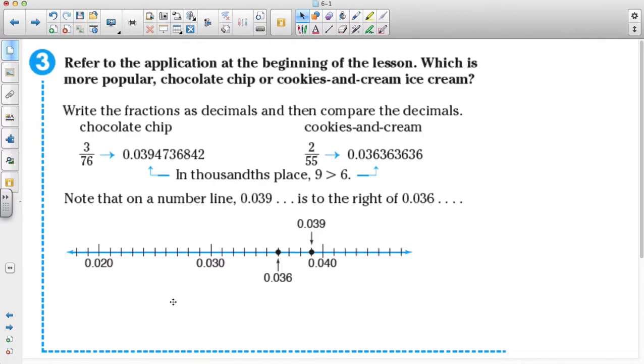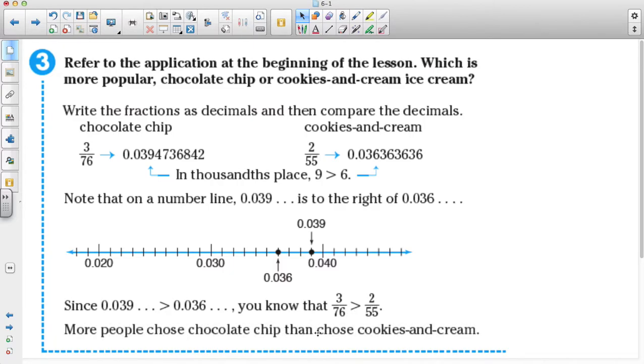Therefore, since 0.039 is greater than 0.036, you know that 3 over 76 is greater than 2 over 55. So, more people chose chocolate chip than chose cookies and cream.